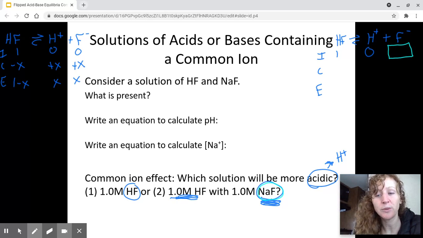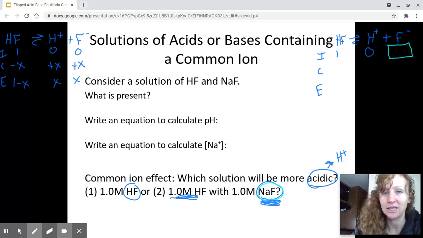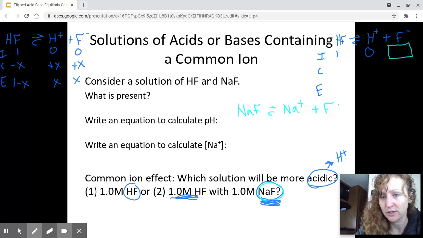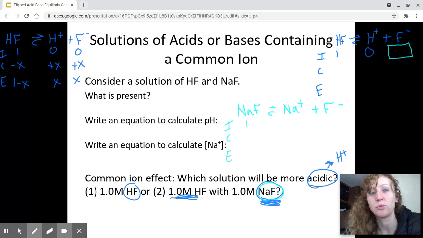Now, eventually you'll be able to do this inside your head, but you may be able to do it inside your head right now. I'm going to write out that reaction just to show you what happens with this and how I get that initial concentration. Okay, so if I have NaF and it dissociates like it will do in water, right? It's a soluble salt. And I have an initial amount. What's my change going to be?